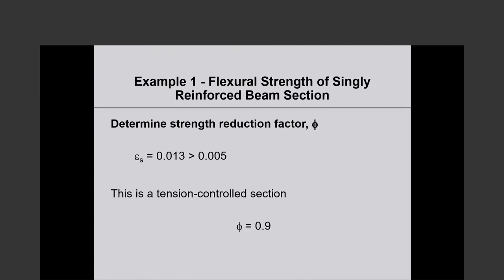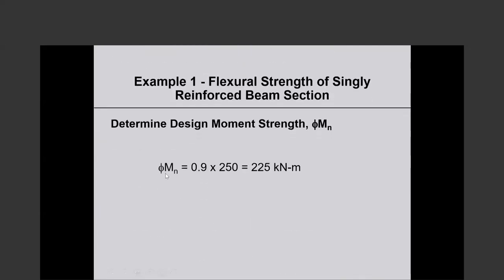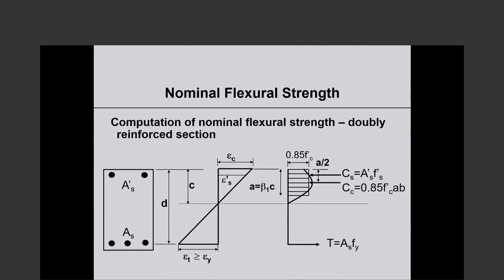That exceeding 0.005 means the section is tension controlled, so the phi factor is 0.9, and that means the design strength is 0.9 times the 250 kilonewton meters of nominal strength that we calculated, and that comes out to 225 kilonewton meters. Okay, so that's pretty simple.